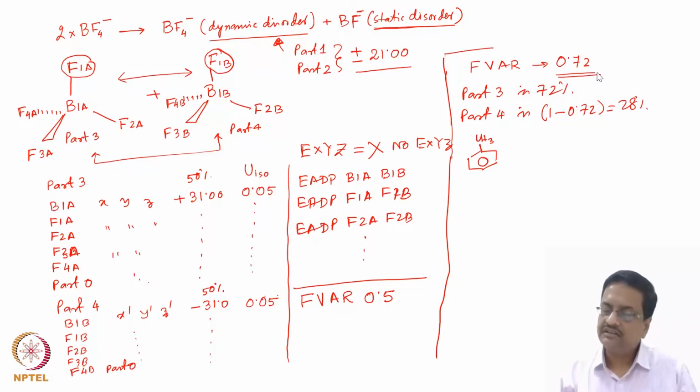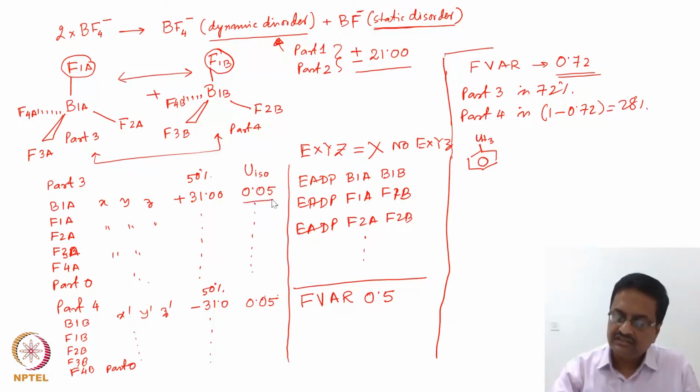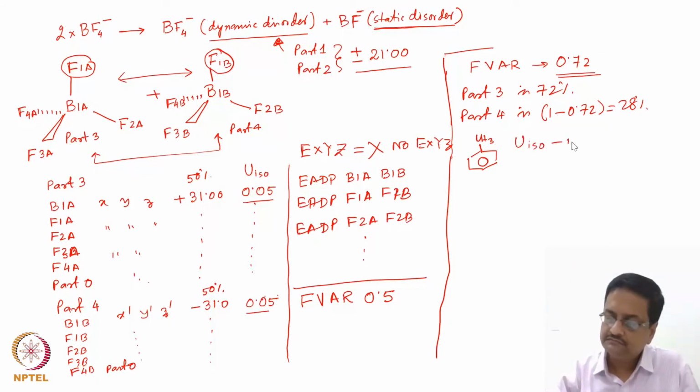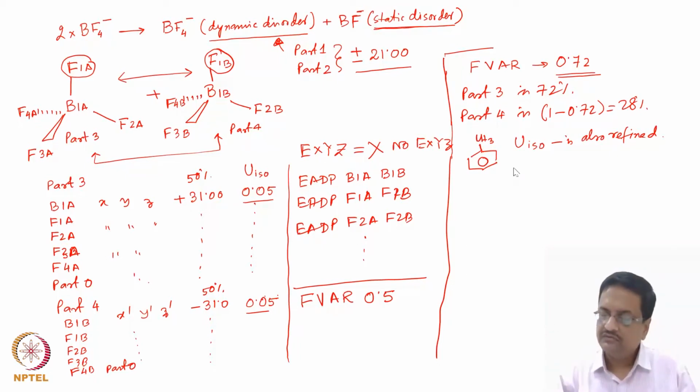Once you complete this refinement, you will see that these U-iso values are also getting refined, and each takes a reasonable value, which may be something like 0.0232, 0.0242, like that.